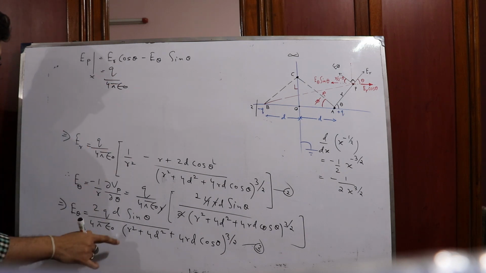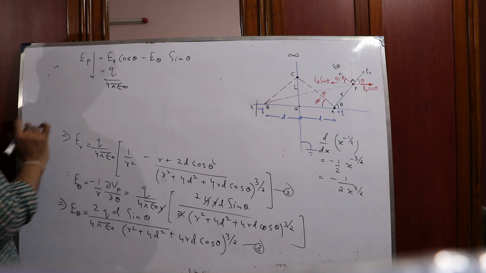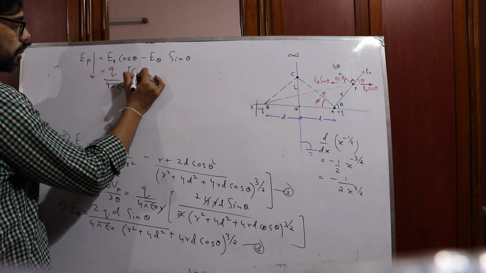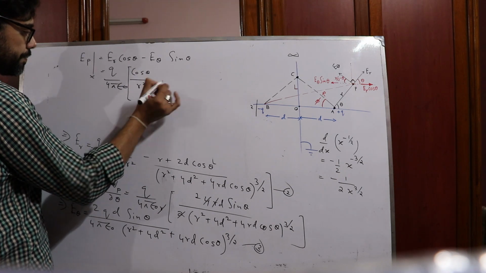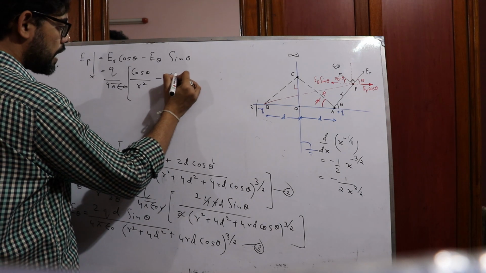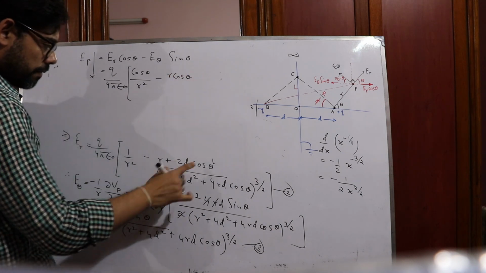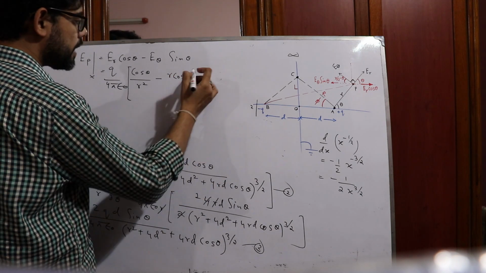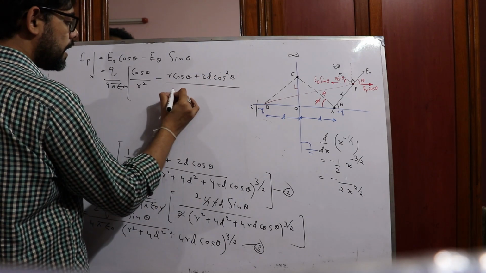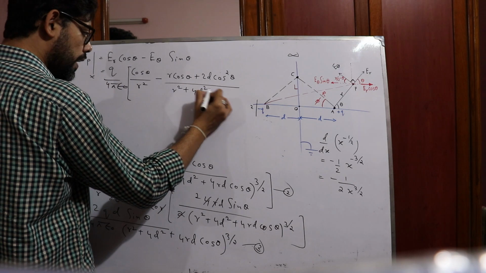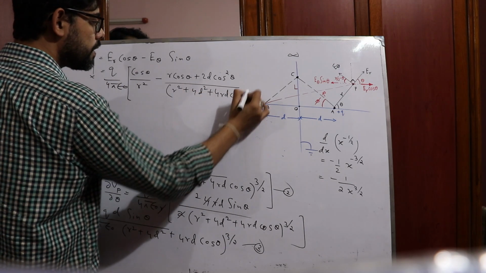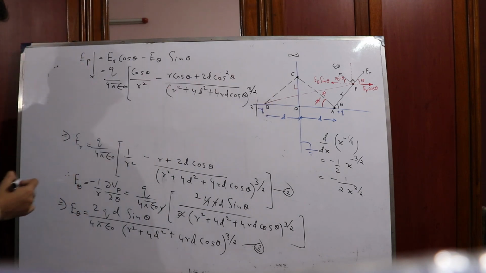This one also has it, so I am taking it common, q by 4 pi epsilon 0, cos theta by r square minus, multiplied by cos theta, you get r cos theta plus 2d cos square theta by (r square plus 4d square plus 4rd cos theta) to the power 3 by 2.